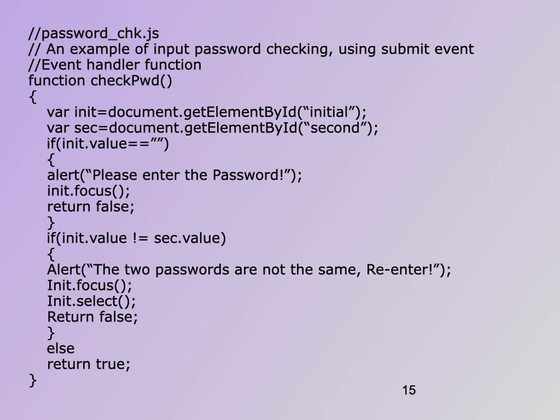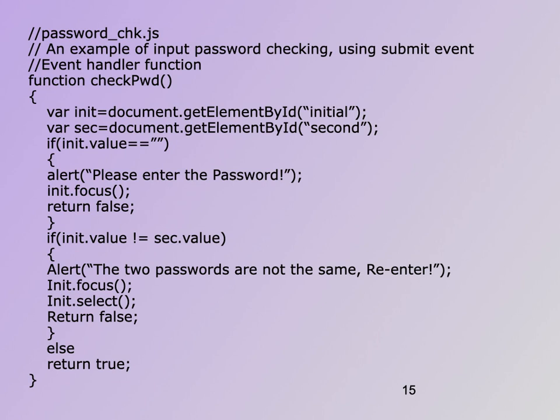There are two variables, init and sec, initial and second. init is equal to document.getElementById("initial"), and the second variable sec is equal to document.getElementById("second"). So init is the field element with the id initial, and the second one is a text field with the id second.